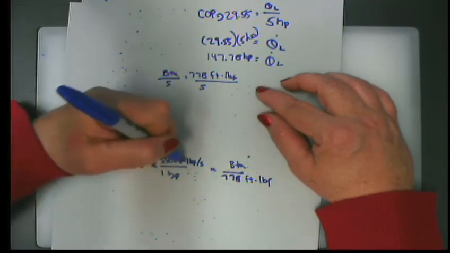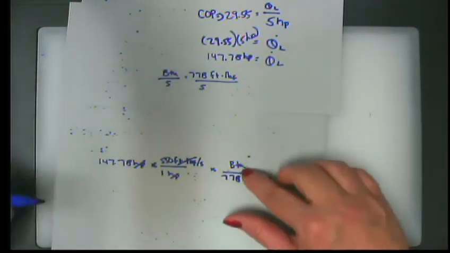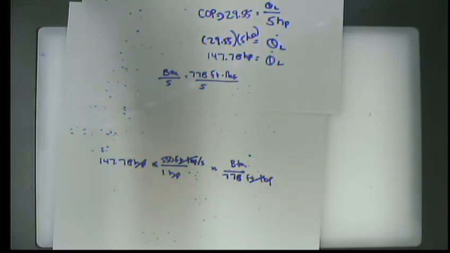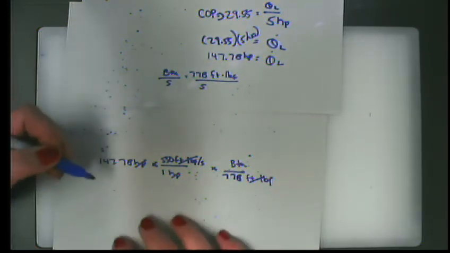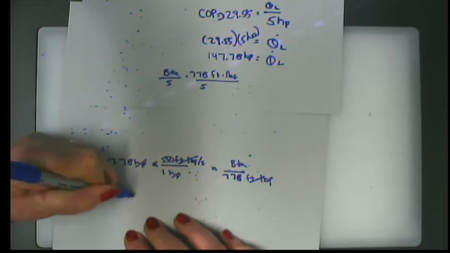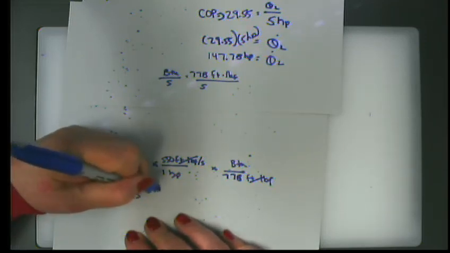So we would cancel those, and we get BTU per second after we multiply that number by 550 and divide it by 778. And we get a rate of heat removal then of 104.5 BTUs per second.